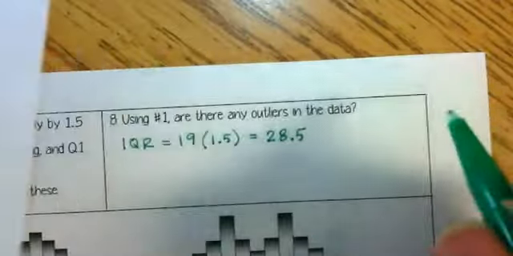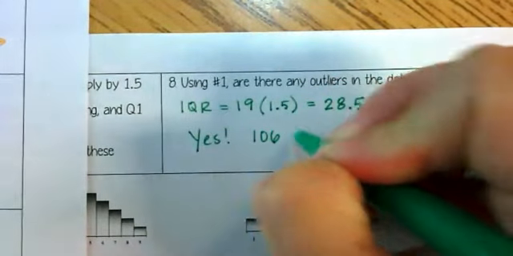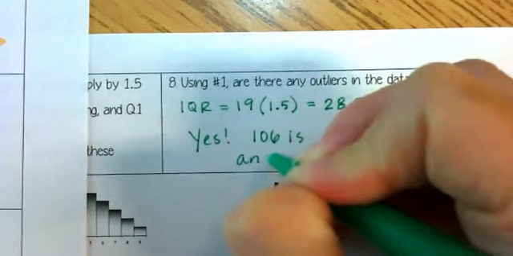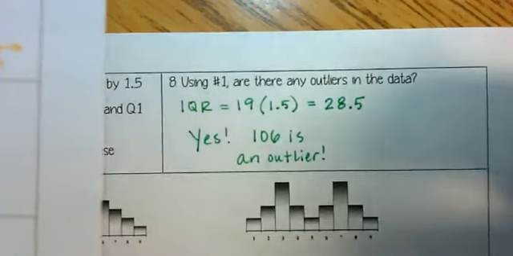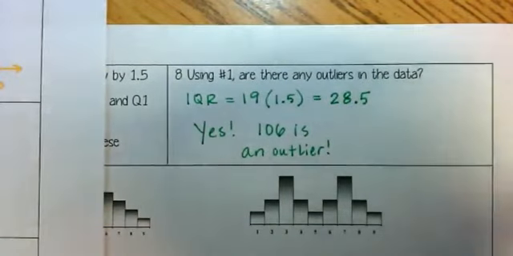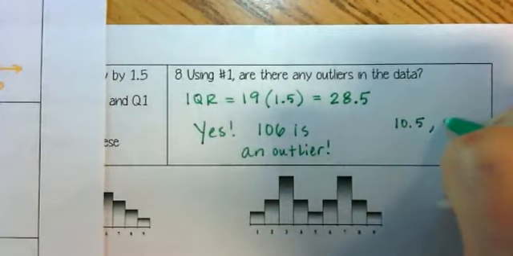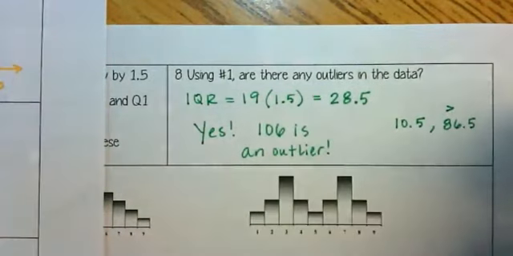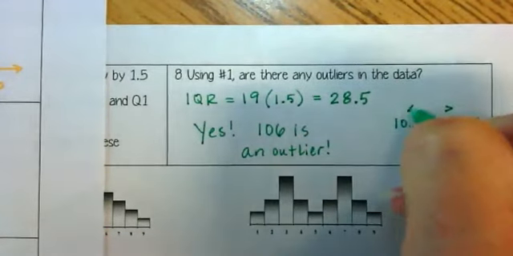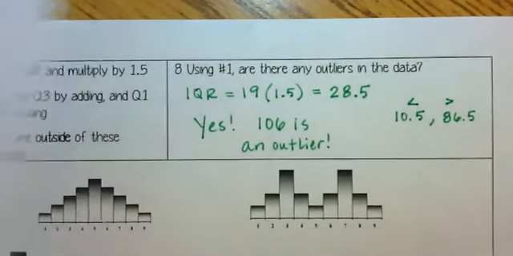So when I go back to here, are there any outliers? The answer would be yes. 106 is an outlier. Now, if it asked, and this is what I asked on the quiz, if there isn't an outlier, I asked for the boundaries. So the boundaries would be 10.5 and 86.5. So if it was greater than 86.5, it's an outlier, and if it's less than 10.5, it's an outlier. So that's how I like to do outliers.